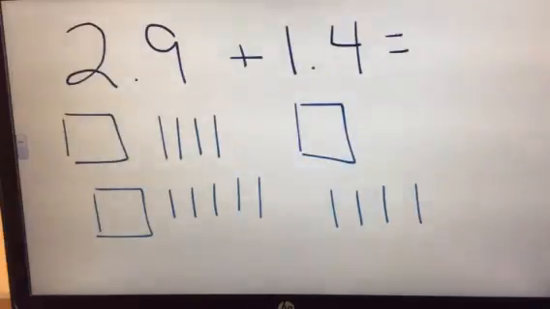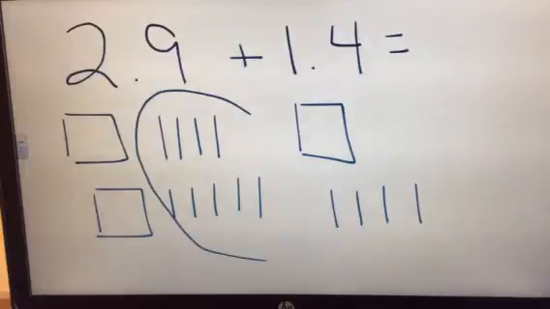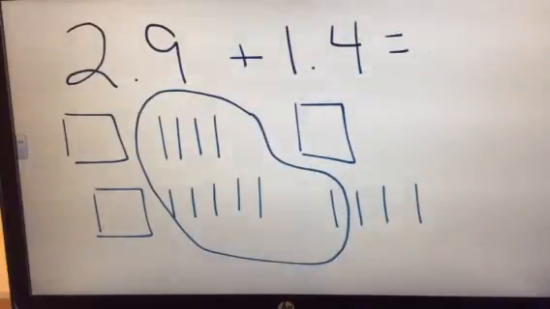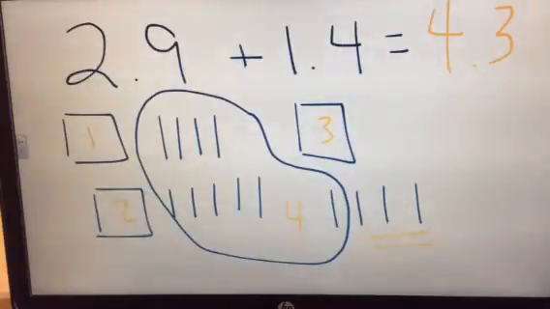Again, looking at the number of rods that I have, I will combine them together to make a group of 10, which is equivalent to 1 whole. Altogether, I have 1, 2, 3, 4 whole numbers. So the number 4 goes in the 1 spot, and I have 3/10 left over. My final answer becomes 4 and 3/10.